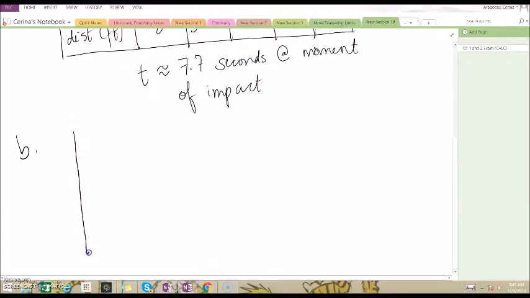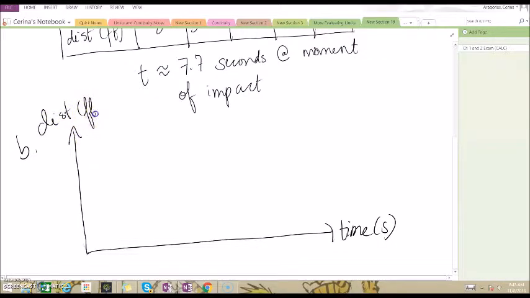So you had a graph of your time in seconds versus your distance in feet. And you went up to 1, 2, 3, 4, 5, 6, 7, 8 seconds. And you went up to 60 feet. And you could graph all your data.